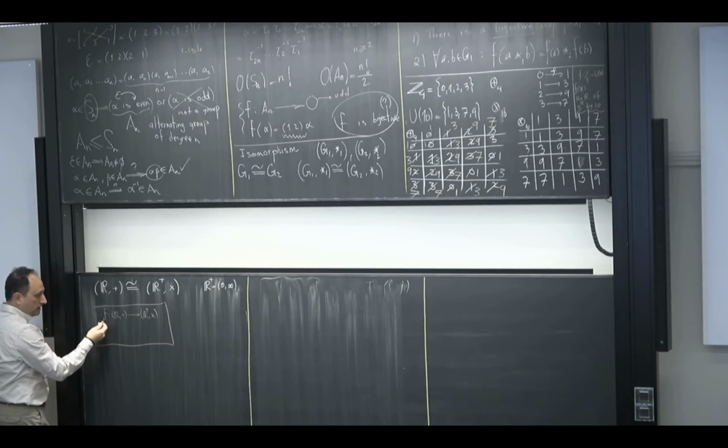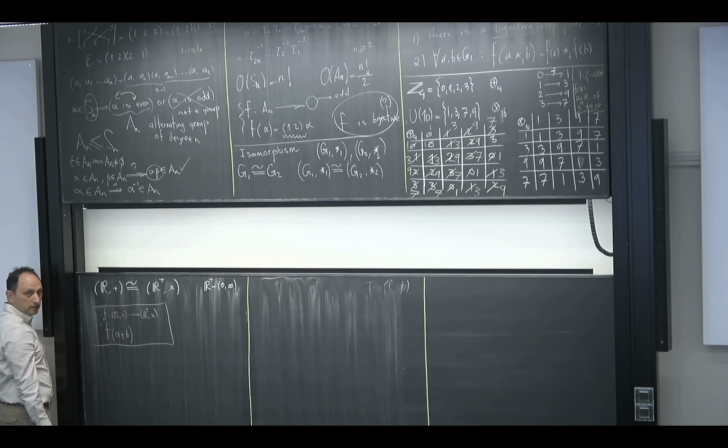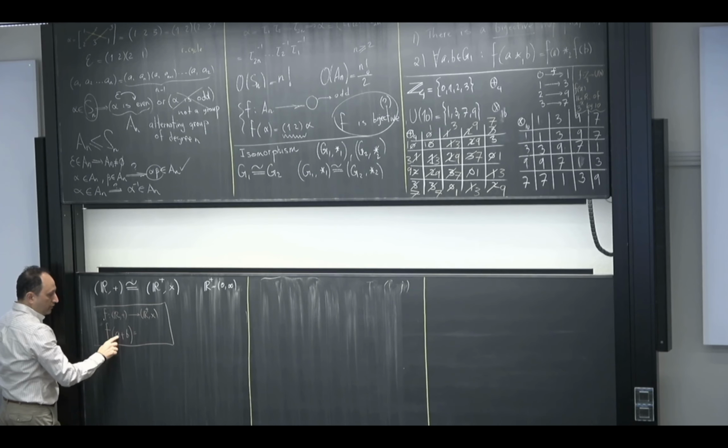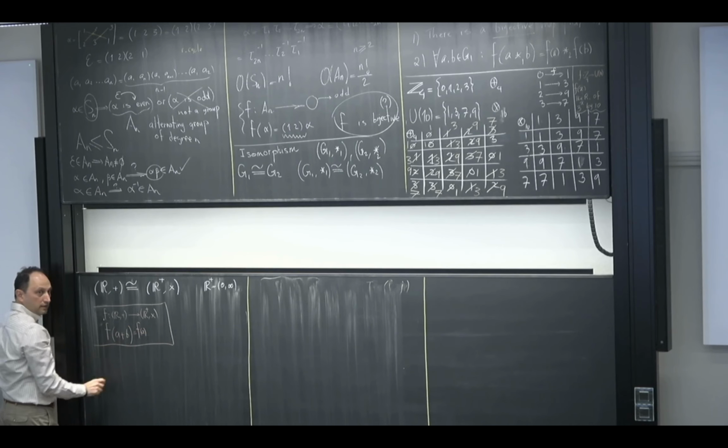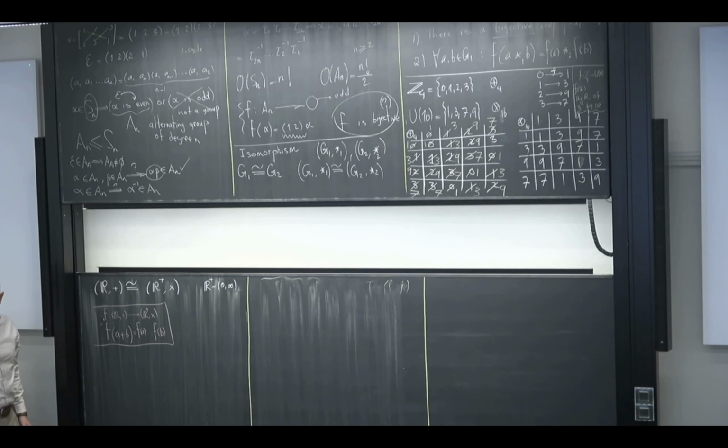But in a way that f acting on a and b with this operation becomes equal to f of a, f of b, but with which operation? The operation on the right-hand side. Is that understandable? This is the way I think.